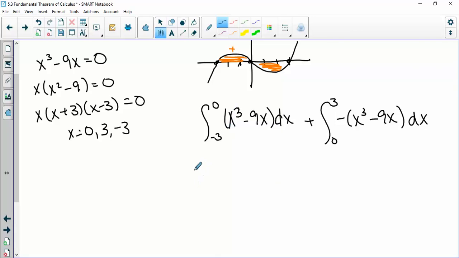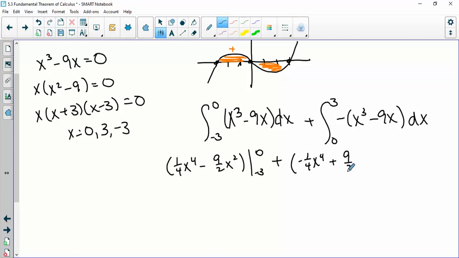Antiderivative of x cubed is x to the 4th over 4, minus antiderivative of 9x, which is 9x squared over 2. For this chunk we have a negative x cubed, so that'd be a negative 1/4 x to the 4th, plus 9/2 x squared. So we evaluate.